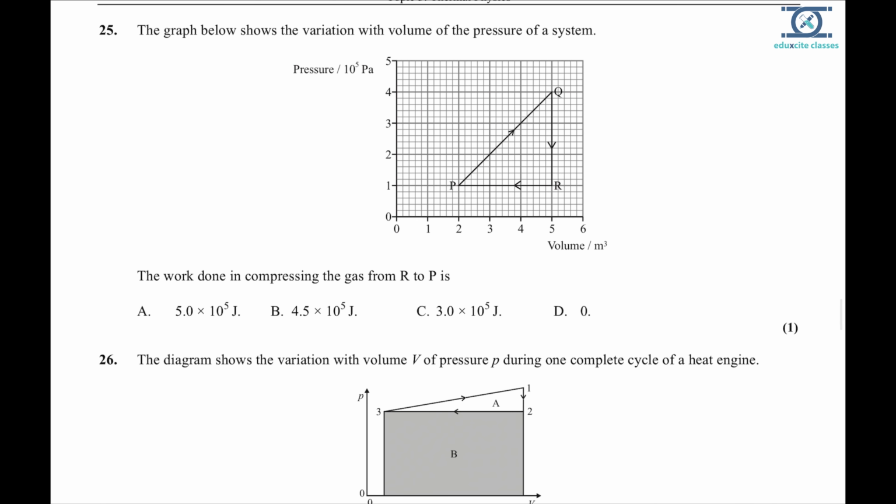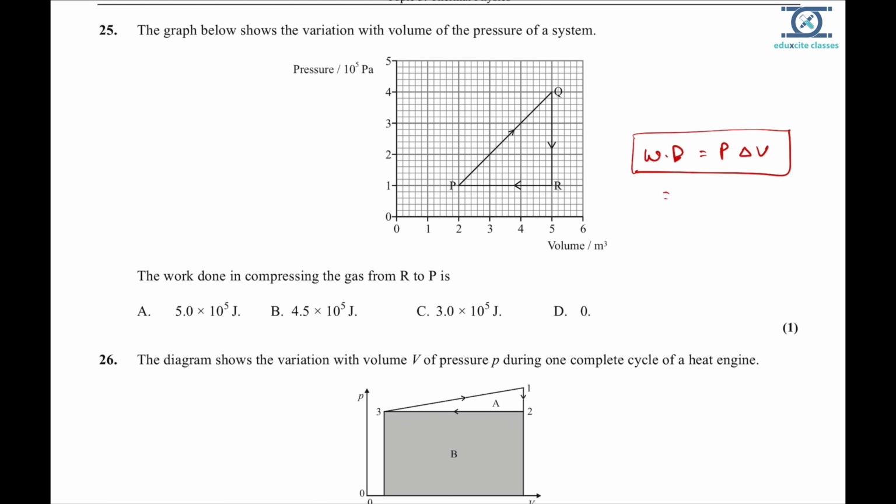Now question number 25, if you look at the graph, the question is asking the work done in compressing a gas from R to P. Now when a gas is compressed from R to P, the volume decreases and the work done is what? At a constant pressure, P times change in volume. Please remember this. I hope you know this. Work done equals pressure times change in volume.